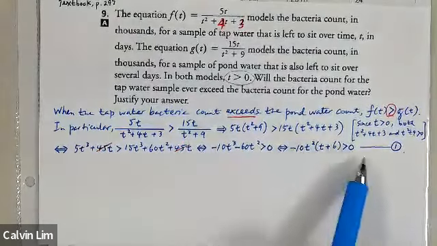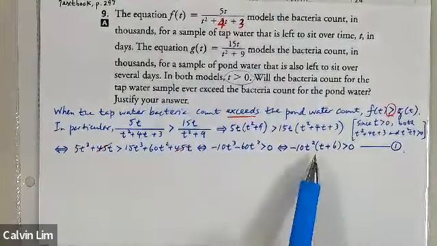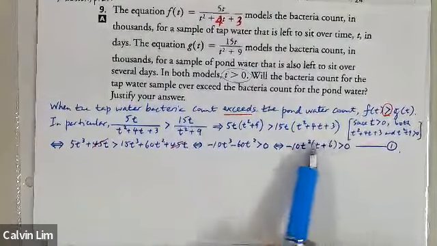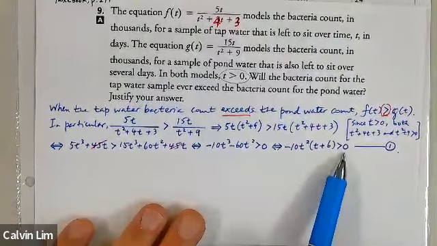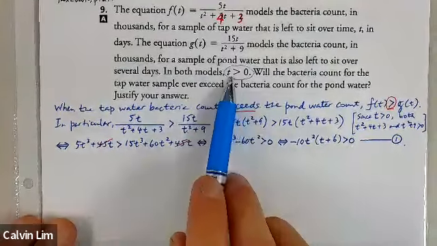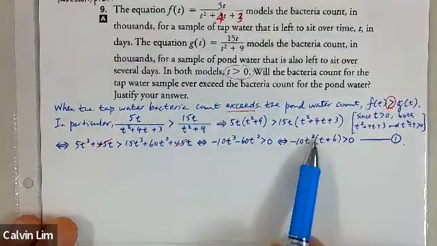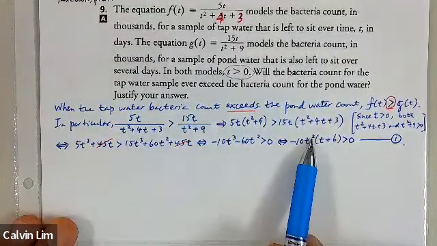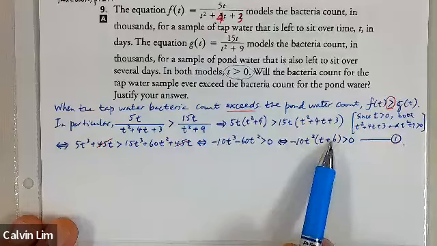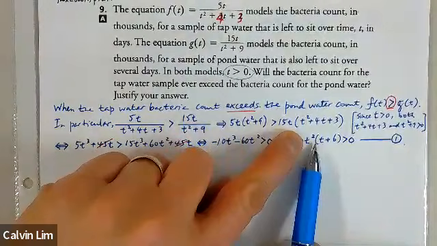Is there a solution for this? Are there any t values that would satisfy this? We start with what we know. Intuitively, you might think, t is positive, so t squared is positive, and t plus 6 is positive.